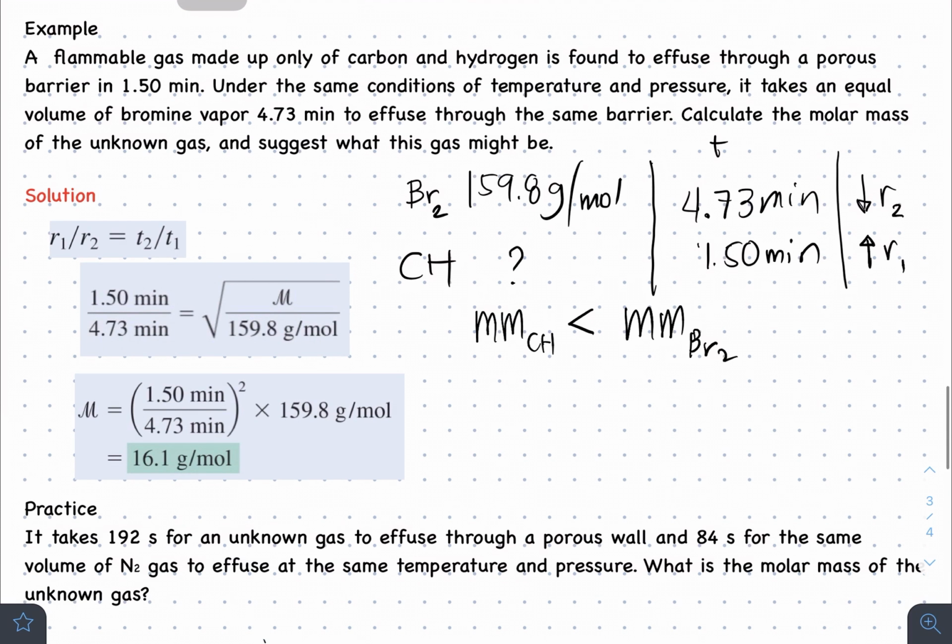So let's try to solve. Take note of this. The rate 1 over rate 2 relationship is actually equal to the time 2 divided by time 1. And using Graham's law of effusion, time 2 over time 1 is equivalent to the square root of the quotient of the molar mass of substance 2 over the molar mass of substance 1.